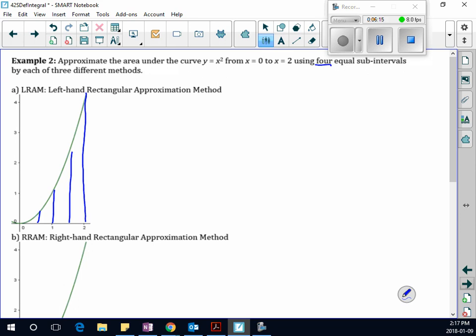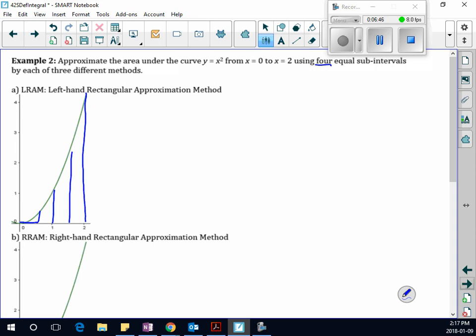Honestly, if you do more, it's going to get harder, because you're going to be adding up way more stuff. So now because we're doing left-handed, that means wherever it hits the curve on the left hand of the rectangle, does everybody see there's rectangles in between here, right? So from 0, and this is kind of confusing at first, does everybody see if the curve is right here on the left hand, the rectangle is basically that.